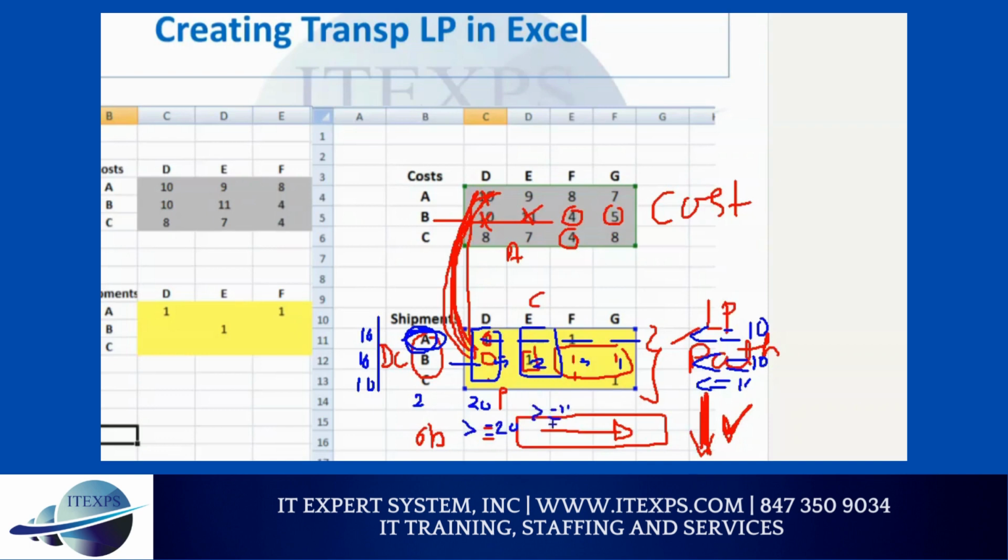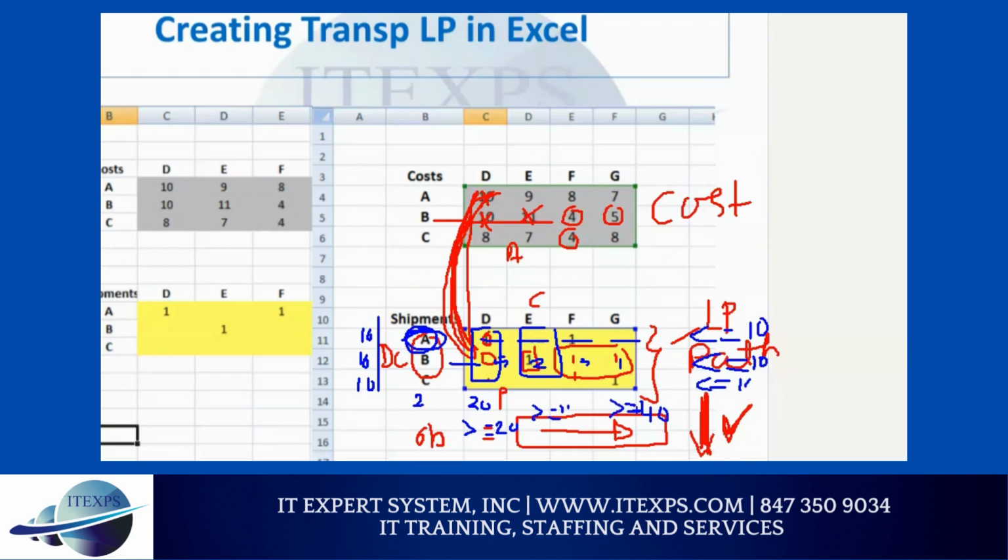If it is 1 or 2 extra, I'll keep it, but at least give me 10. If another says I need 40, then give me at least 40. Make sense? He's not saying give me max 40. He's saying my demand is 40, so either you give me 40 or more. 40 is the minimum I need, but if you give me more, I'll take it. So that is also another constraint.